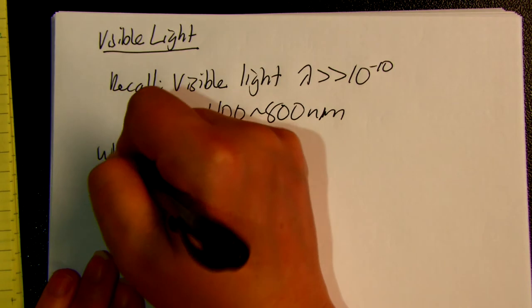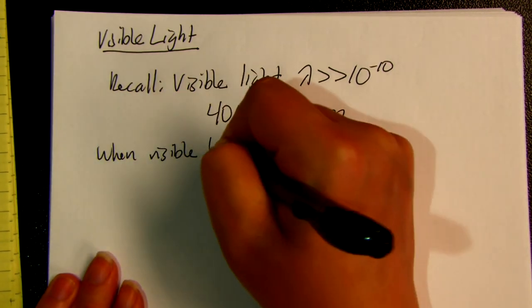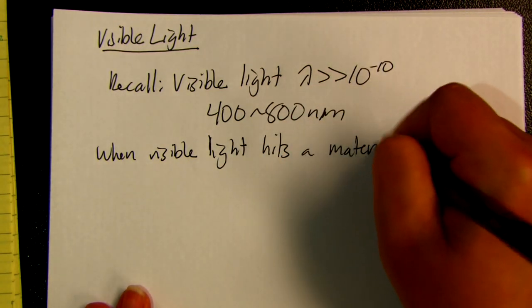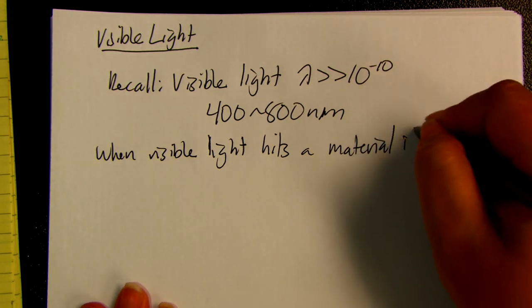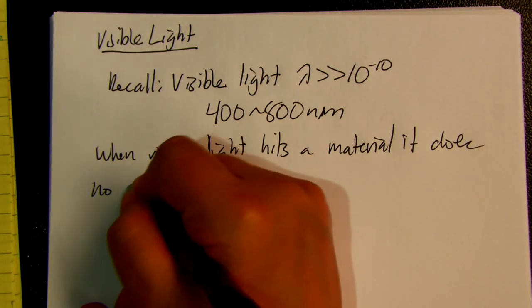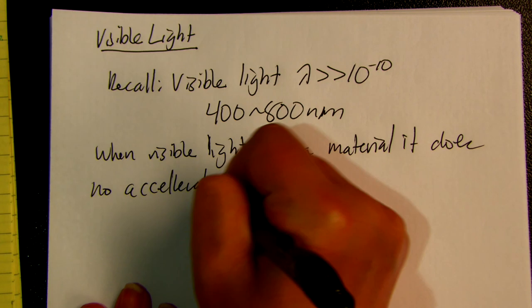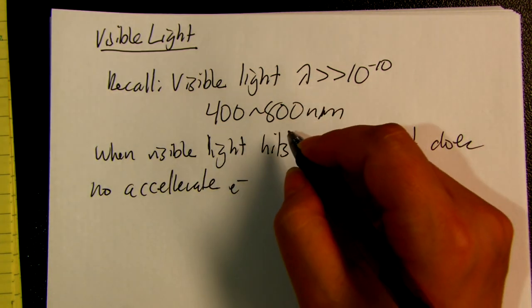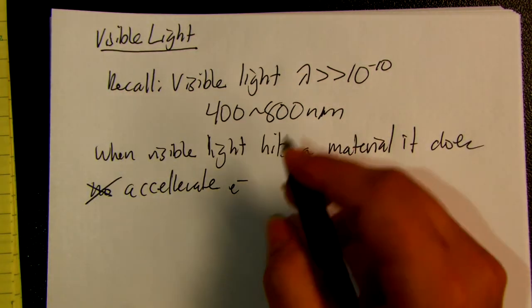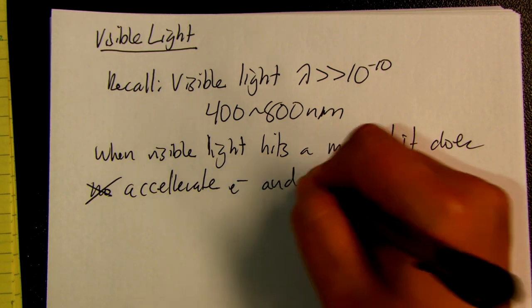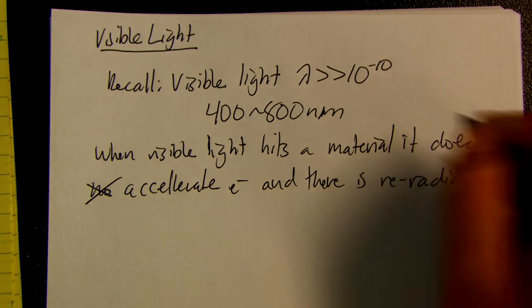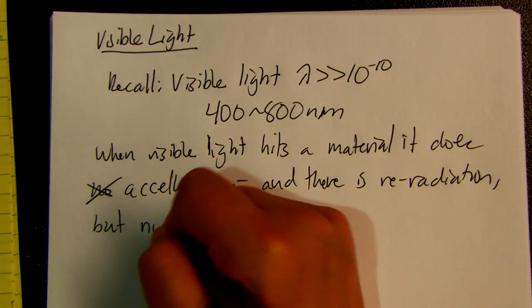And when visible light hits a material, it does not accelerate... oops. It does accelerate our electrons, and there is re-radiation. But no X-ray diffraction.